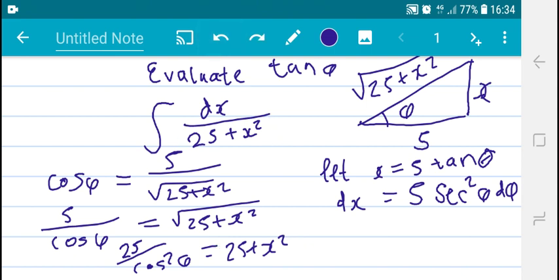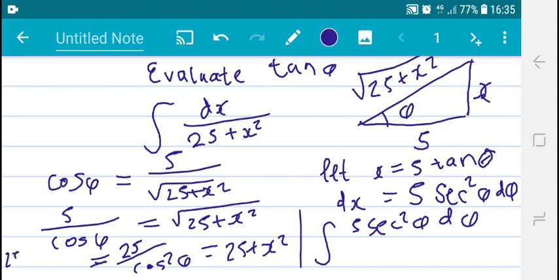And so now, let me see if I can use up this space. Our integral will look like this now. Since we already know what dx is, we go 5 secant squared of theta d theta. And now remember that 1 over cosine is secant.